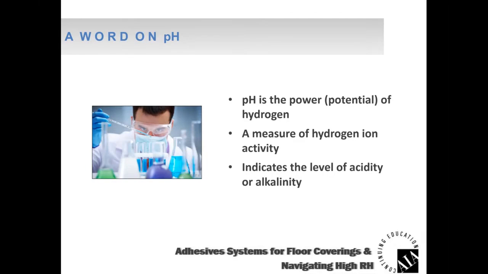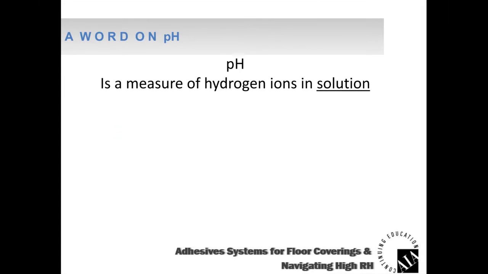And we're going to spend some time on that so that we all understand things that are acid-like and things that are alkaline. Okay. The key thing that I want you to remember here is pH is the measure of hydrogen ions in solution. Okay. The key word: solution.